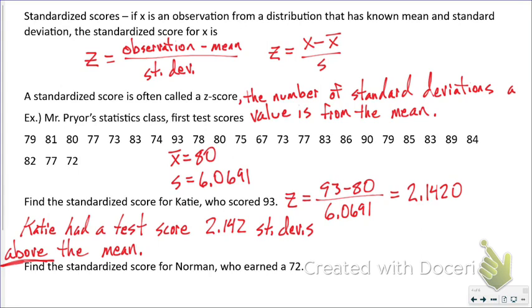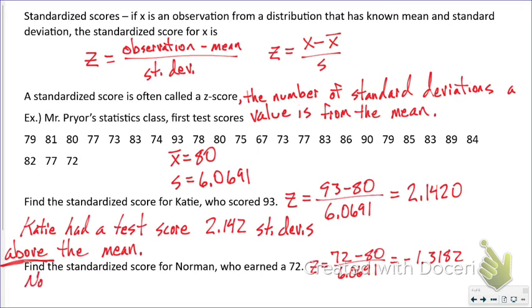So let's practice that. Z equals 72 minus 80 over 6.0691. And when you do that, you get a negative. So be careful when you interpret it. You don't want to use a double negative. So let's give it a shot.